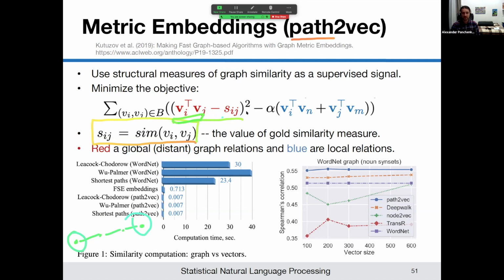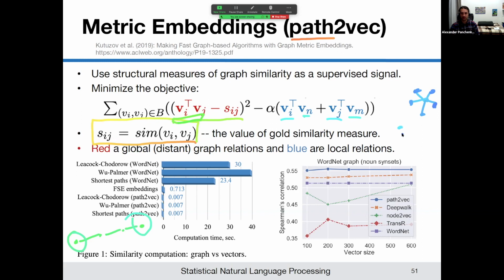And this objective is further regularized with this local objective, where N and M are nodes which are directly connected to nodes E and G respectively. So these dot products ensure that not only the global structure of the graph is preserved, but also all of these local connections are good.